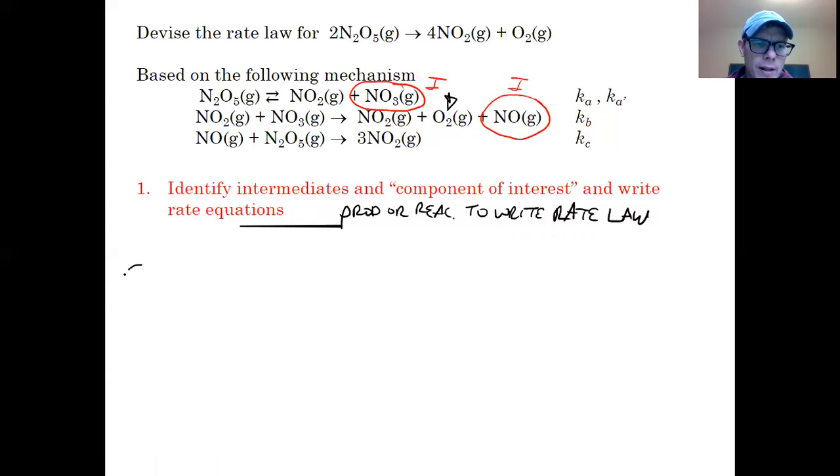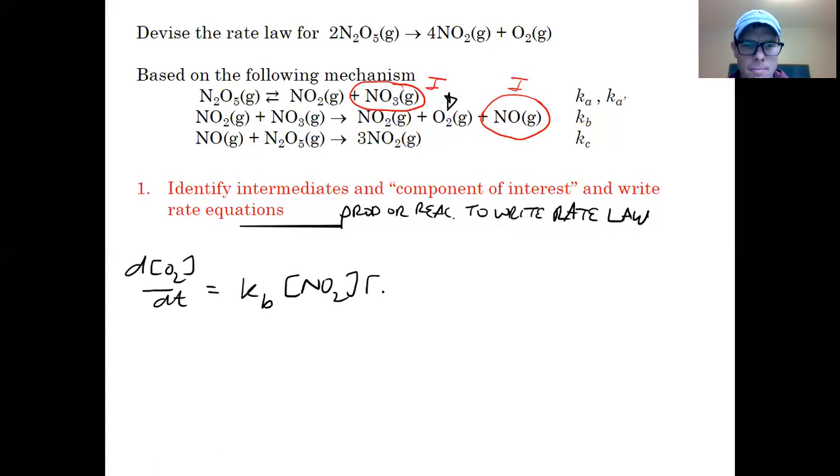If I write my rate law based on the appearance of oxygen, then dO2/dt, it's made in step two, and the rate expression is Kb times NO2 times NO3.